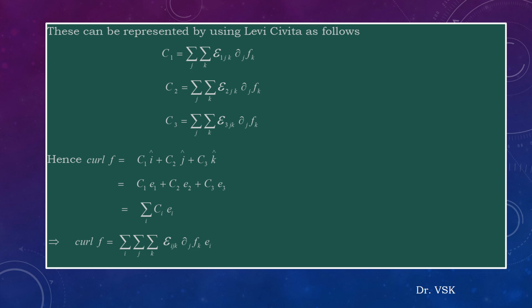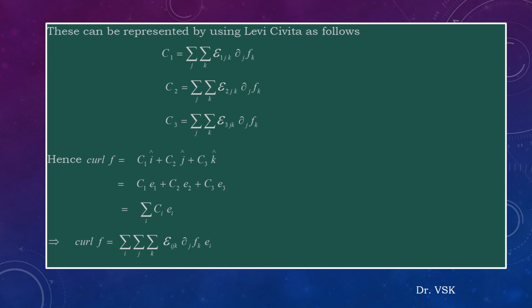Now let us go to the third term. The third term in this expansion is epsilon suffix 13k ∂3 Fk. If we put k equal to 1, epsilon becomes epsilon 131, it is 0. Similarly, if we put k equal to 3, we get epsilon suffix 133 and it is also 0.